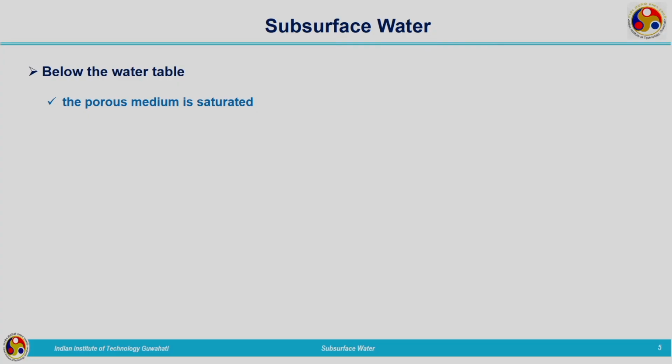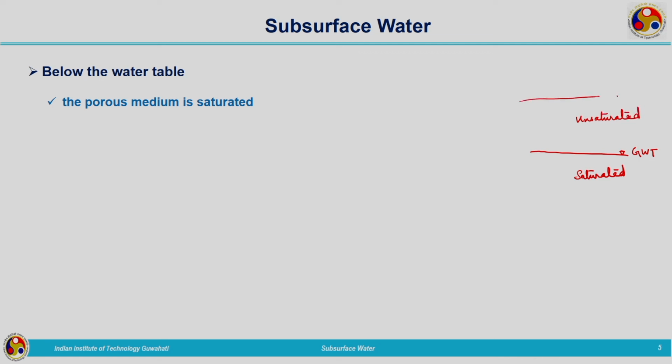Now, if we are talking about below the groundwater table, I can draw a groundwater table like this. Let this be a groundwater table, and below this the region is saturated, and above the groundwater table we are having the unsaturated region.